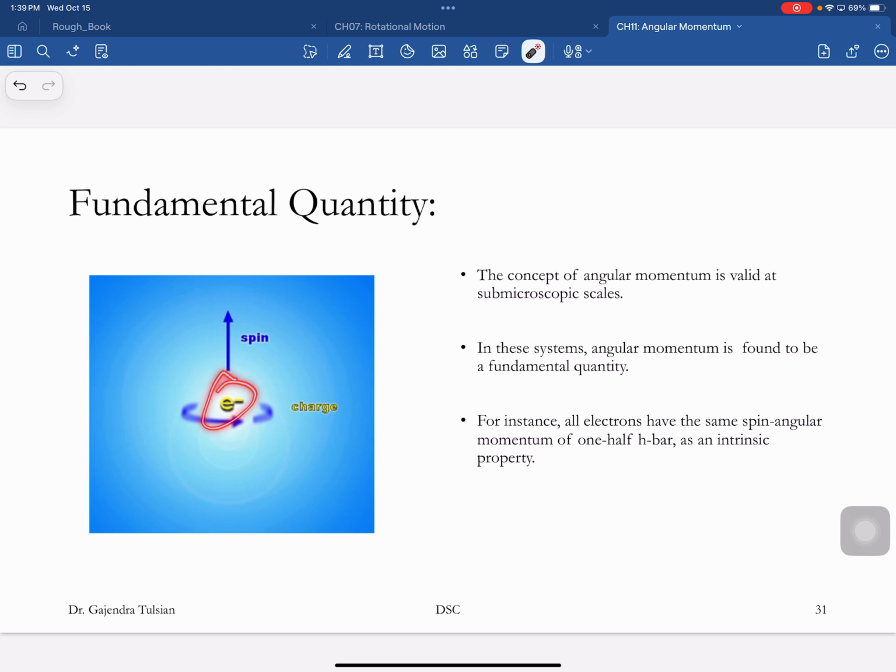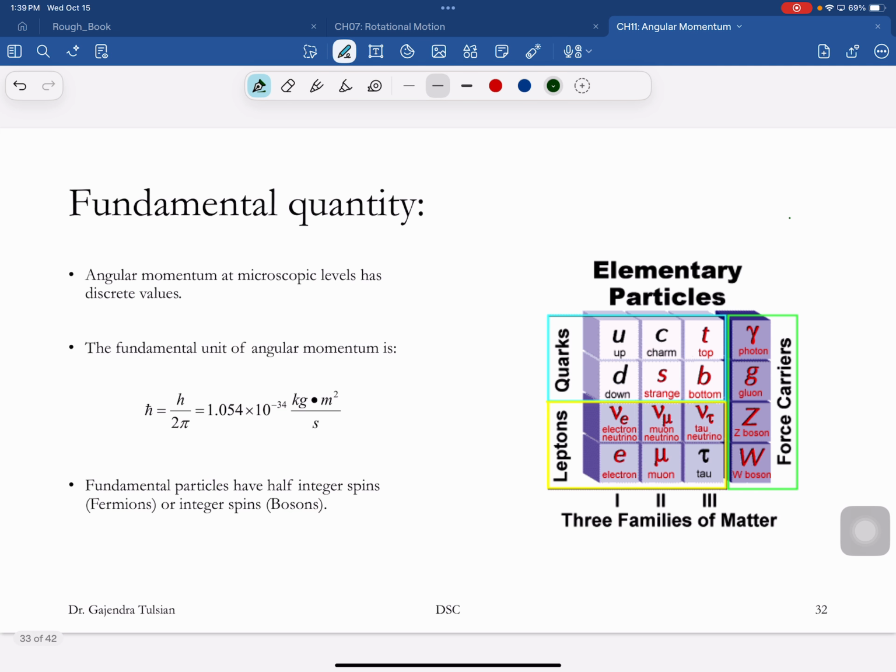At the microscopic level, all particles have an angular momentum. There are roughly, and again this is a ballpark number, 10 to the power of 80 electrons in the universe.